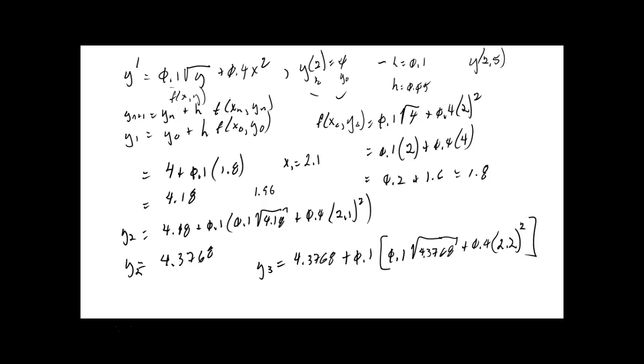Any computer language you can set this up to do and calculate, and you just feed back in over and over. You see, this gets you to 2. This one uses 2.2. The next one's going to be 2.3, then 2.4, and when you use the last one, 2.5, that will give you your last y.